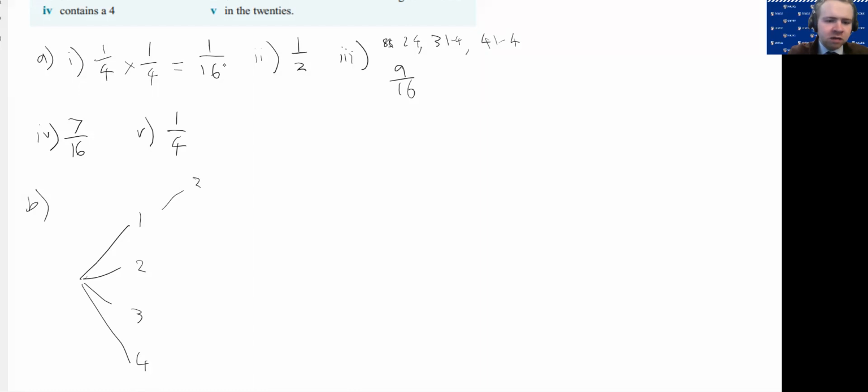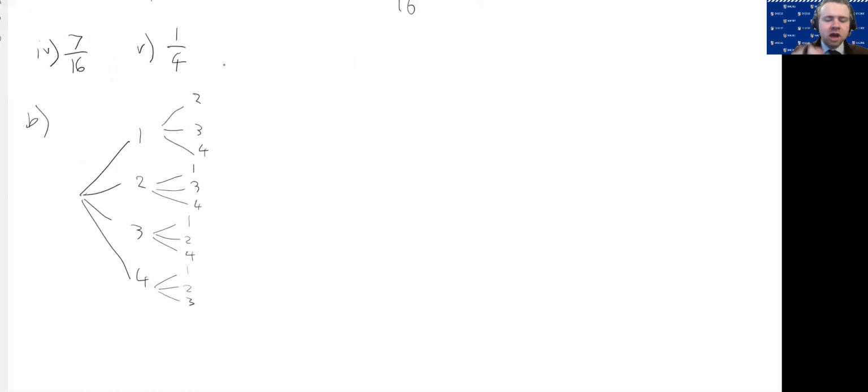But then the options here would be 2, 3, and 4. Options here would be 1, 3, and 4. Options here would be 1, 2, and 4. And then the options here would be 1, 2, or 3. So the sample space will be 12, 13, 14, 21, 23, 24, 31, 32, 34, 41, 42, and 43.